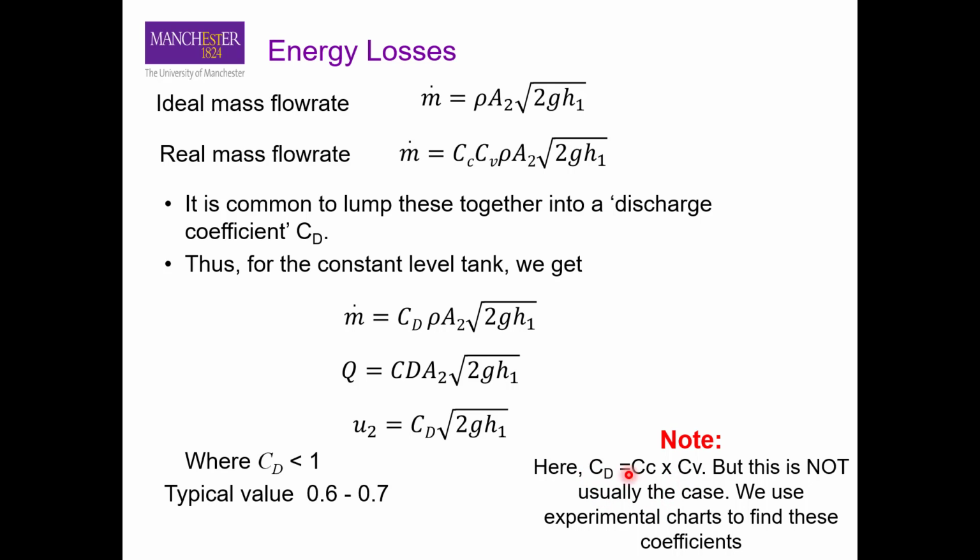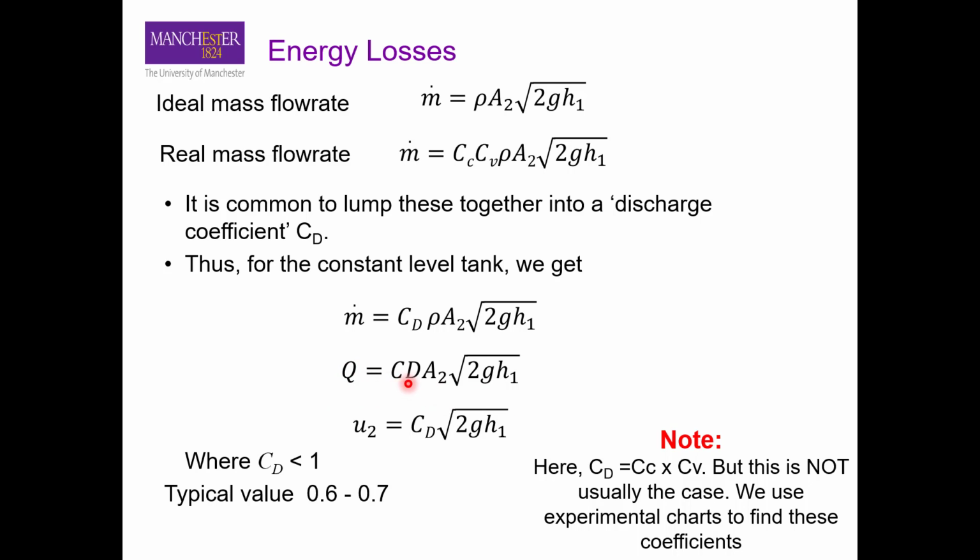So all these coefficients we determine experimentally. There is no theoretical basis for these coefficients. Okay, so you have to rely on experiments to determine what the CV and CC values, or CD values, are going to be, and then you multiply your ideal velocity with these coefficients to get the actual velocity from your system. Okay. So here you have the mass flow rate, and if you again divide it by density, you get the volumetric flow rate.